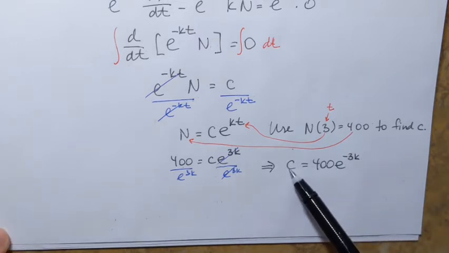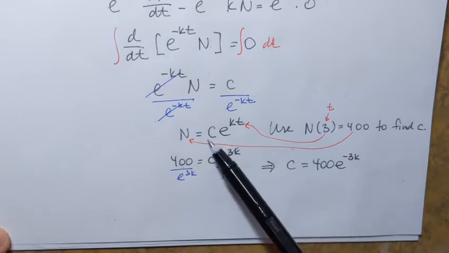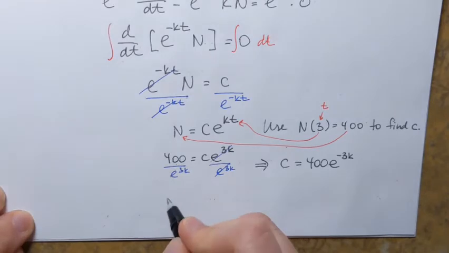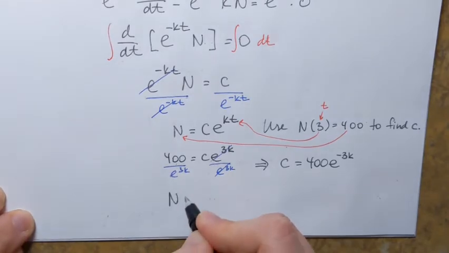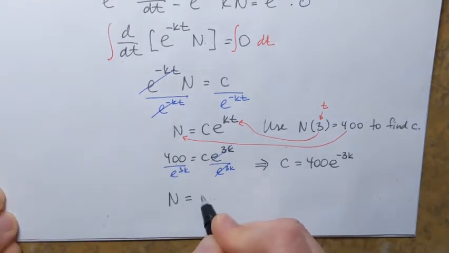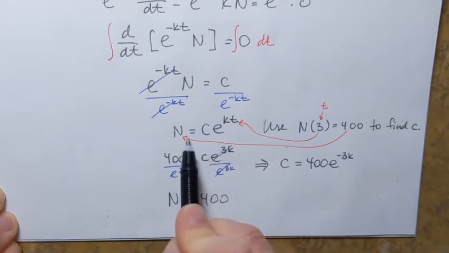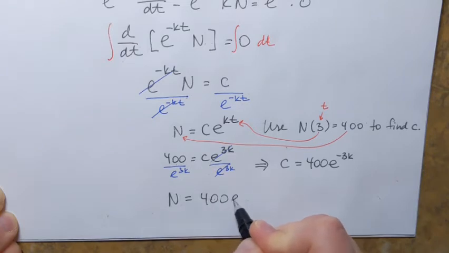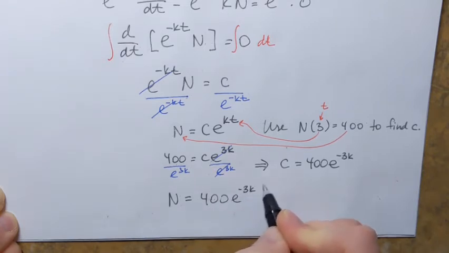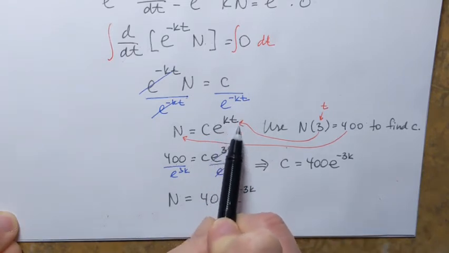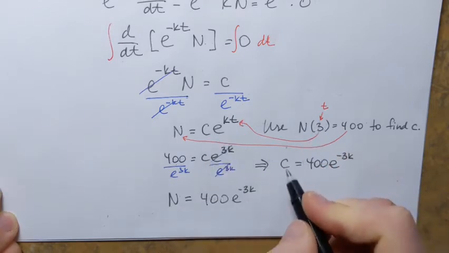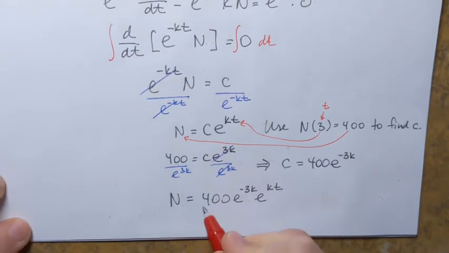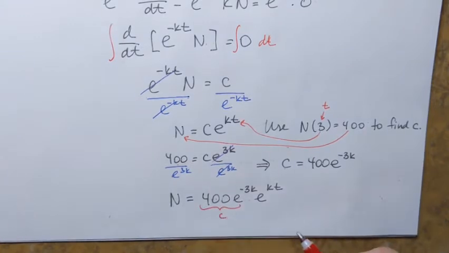We're going to take this constant and plug that into the function. So let's see how our function looks now. It looks like this. N equals, c is 400, so I'm following this function here, but c I'm replacing with what it equals to. 400 e to the power negative 3k, and then times k times e to the power kt. Right, so that's what c is.